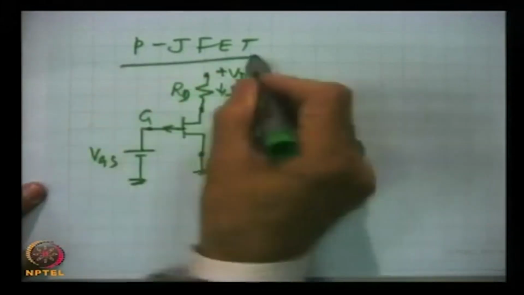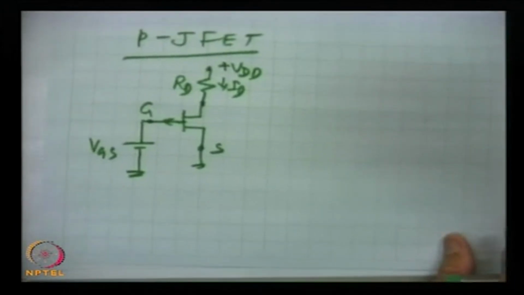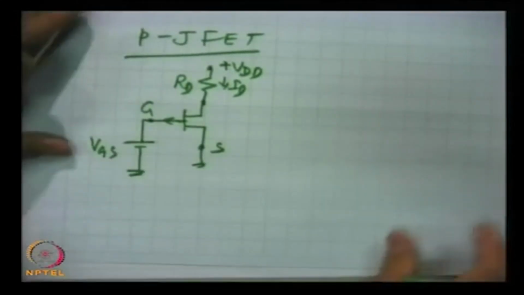So, this is the fixed bias for P type junction field effect transistor, P channel. That was for N channel, but N channel is much more widely used than this.